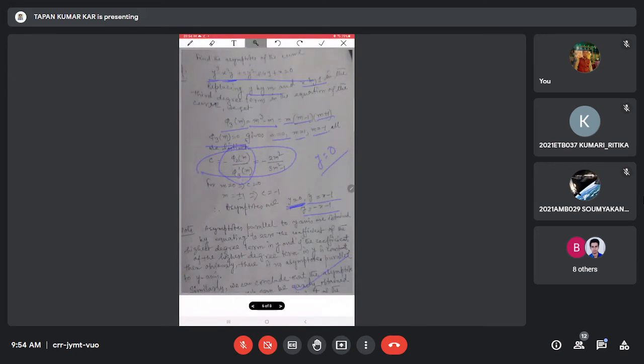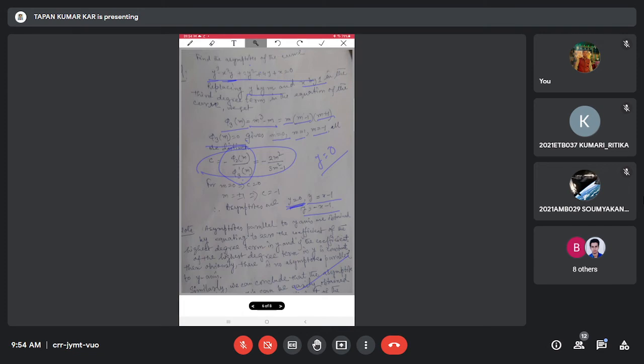This is very important because I solved one example. You could remember that sometimes it is found that all the asymptotes are either parallel to the x-axis or y-axis. In that case, you don't have to use any method.